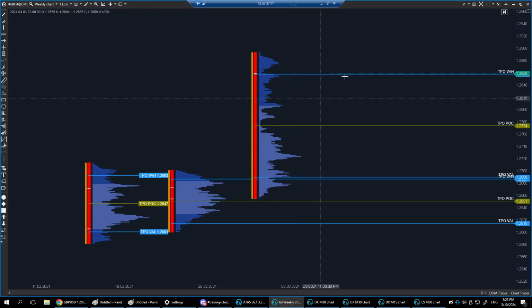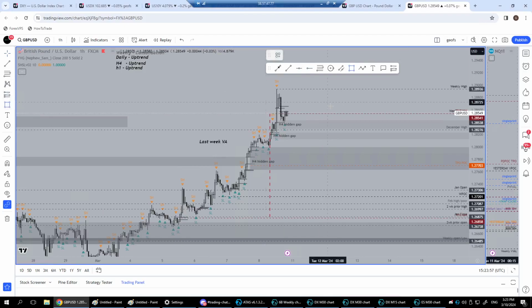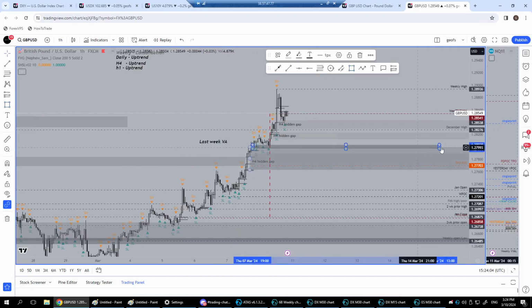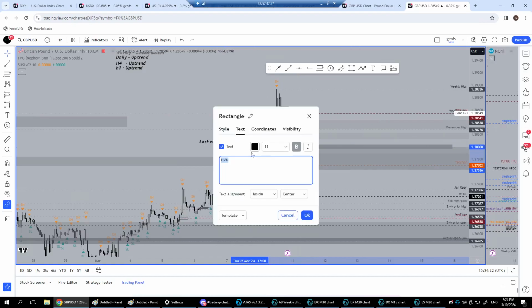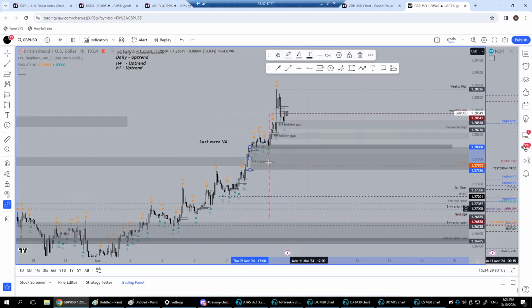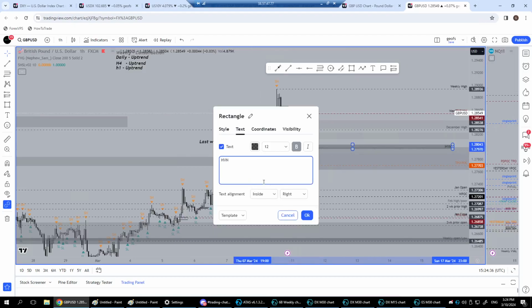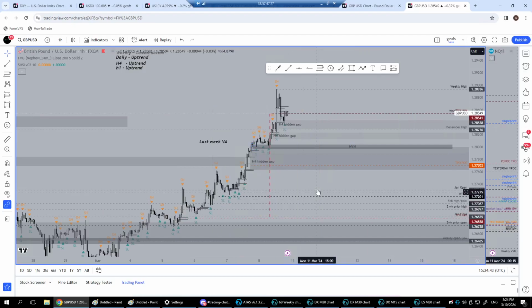It's on the round number, so no surprises there. 28. Why is it not appearing?